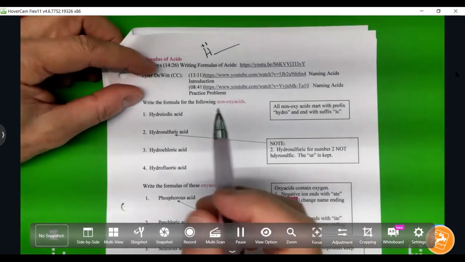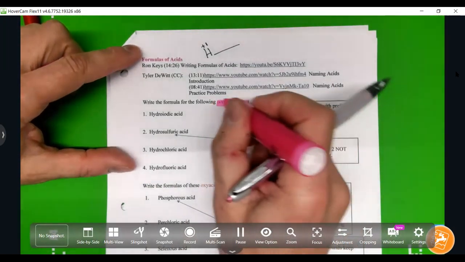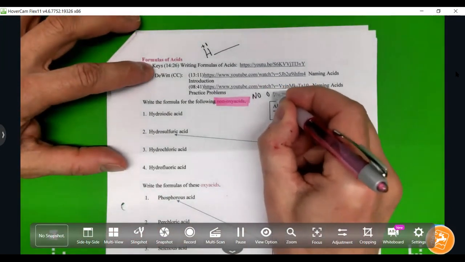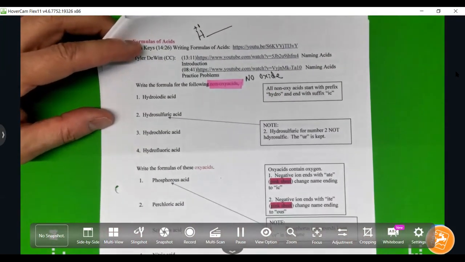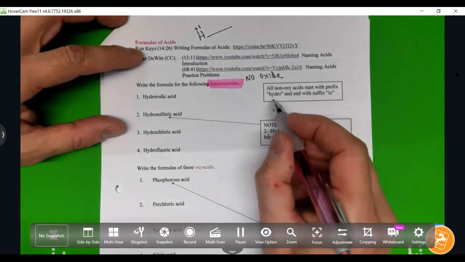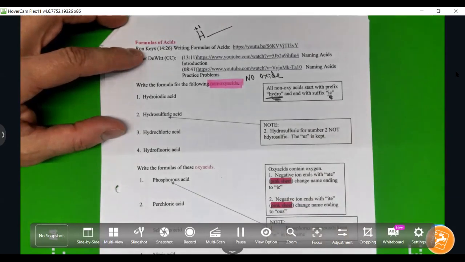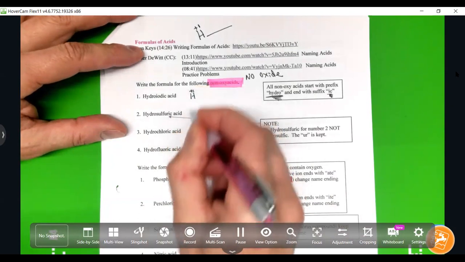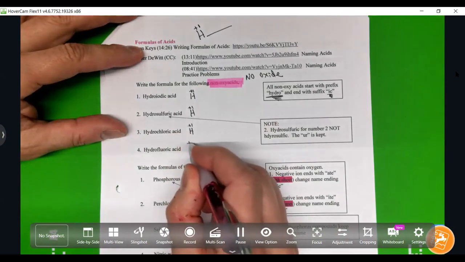So we know that these are going to start with hydrogen with a +1 charge. Okay, so for a non-oxyacid, this is no oxide. They are all going to start with hydro and end in ic. So, first of all, when you see the word acid, you can do this for every single one. When you see the word acid, for our definition for right now, we can do that.